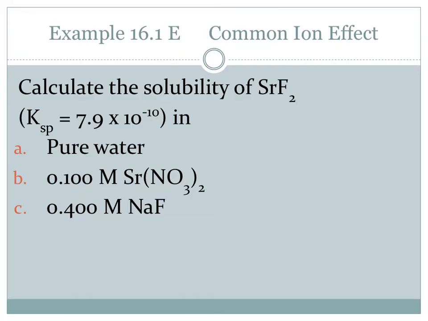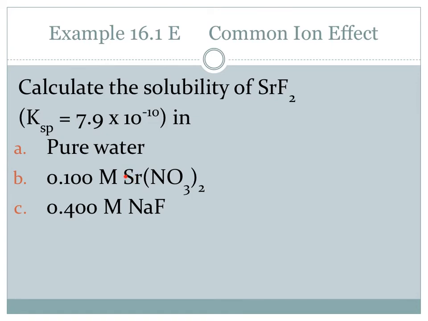So now we have the solubility of strontium fluoride, and we've got 3 different scenarios here. One of them is pure water, which is just a normal solubility problem. But then one of them says, okay, we have strontium nitrate. And you'll notice that strontium has a common ion here, strontium fluoride with strontium nitrate.